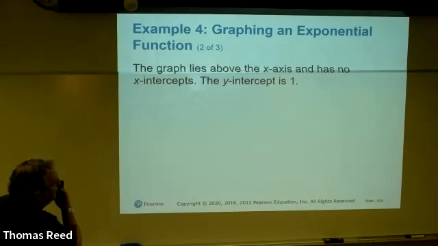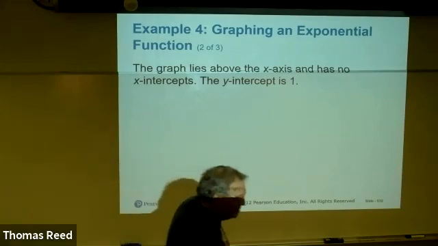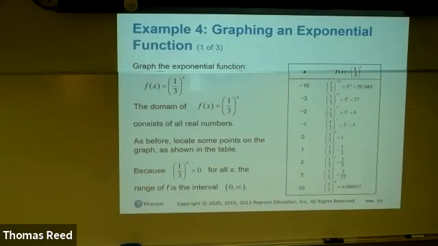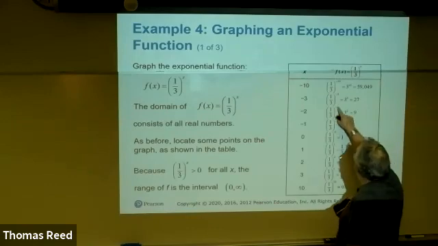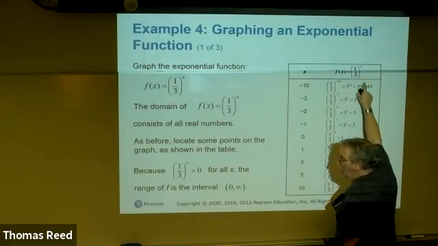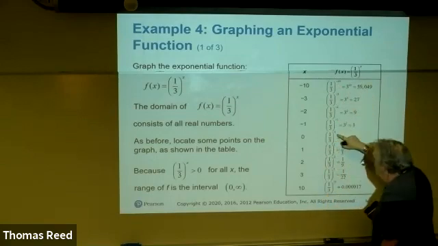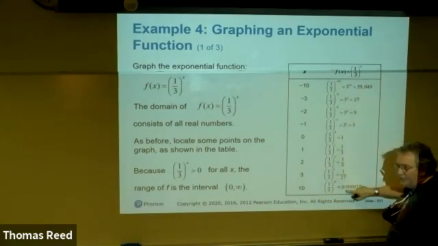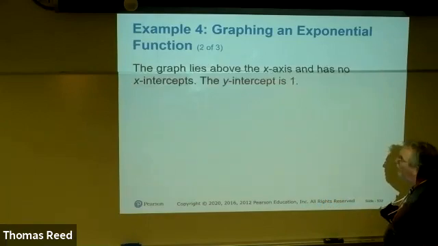The graph lies above the x-axis and has no x-intercepts, and the y-intercept is 1, just like 3 to the x did. As x goes to negative infinity, the function grows very quickly, all right? So as x gets more and more negative, the y values get very, very large. And as x goes more positive, the y values get very, very small.